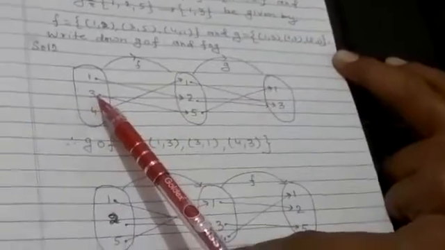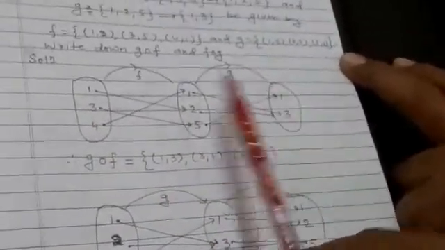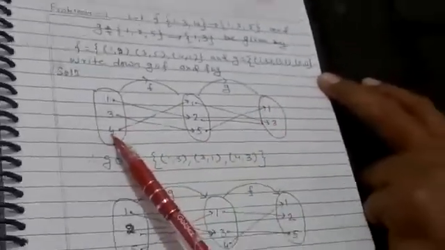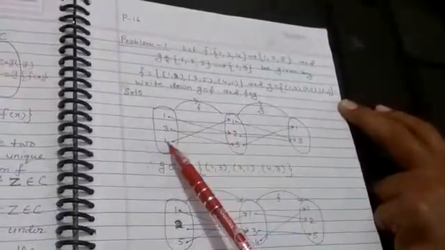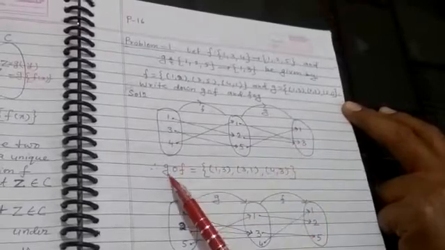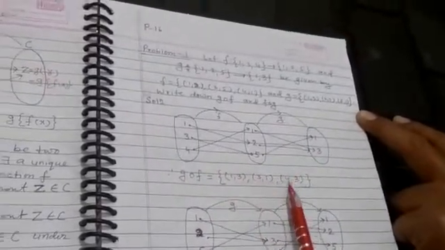Similarly, 3 is related to 5 and 5 is related to 1, so finally 3 is related to 1. And 4 is related to 1 and 1 is related to 3, so 4 is related to 3. So finally we got gof equal to (1, 3), (3, 1), (4, 3).